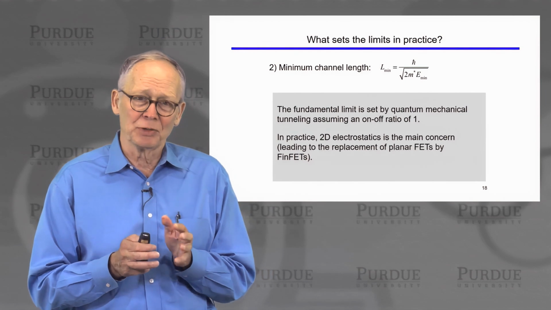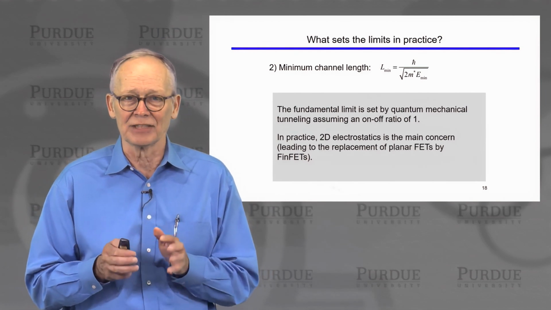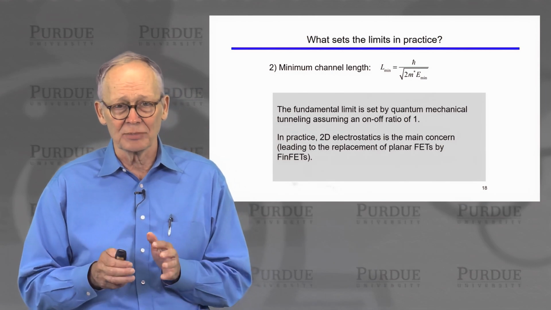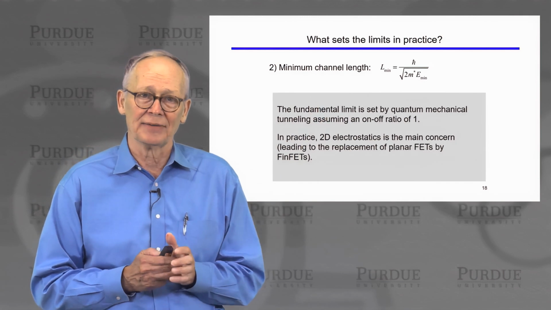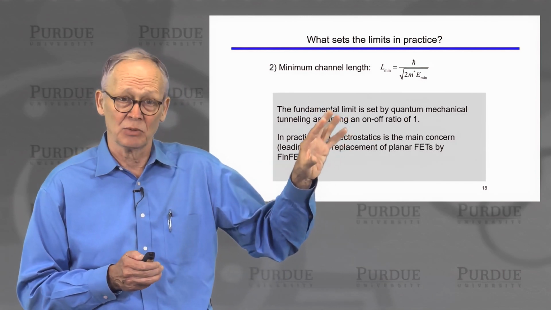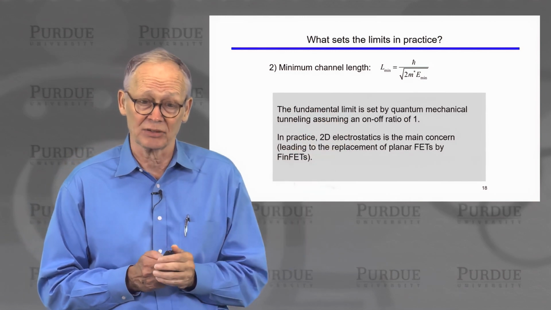We need not just to prevent quantum mechanical tunneling, but we need an electrostatically well-designed transistor that has a low subthreshold swing, that has low DIBL, and in practice, that is what is determining the channel length these days, not quantum mechanical tunneling.